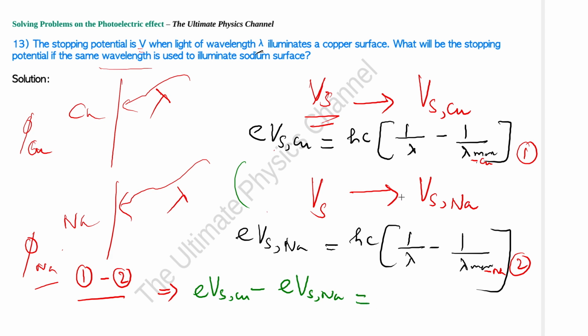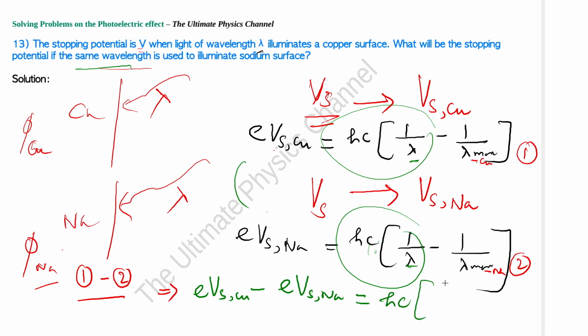On the right hand side, the same wavelength is used, as mentioned, so the lambdas are the same. When I do the subtraction, the first term cancels out, and the second term has hc as a common factor, so I take that out. 1 over lambda max Cu minus 1 over lambda max Na is the remaining thing that I have, right?